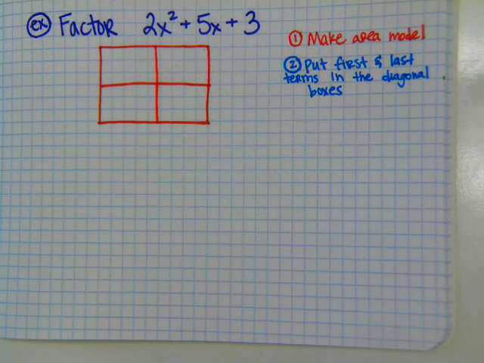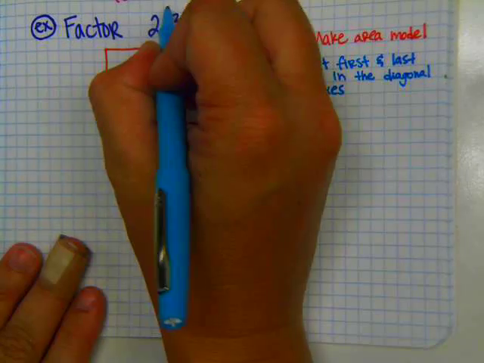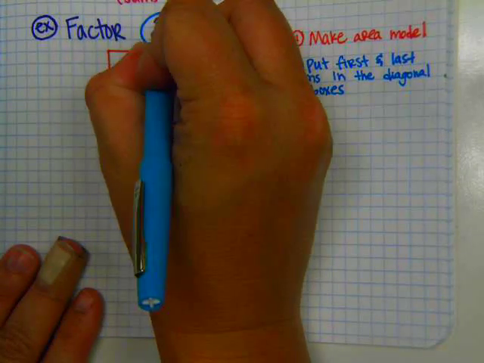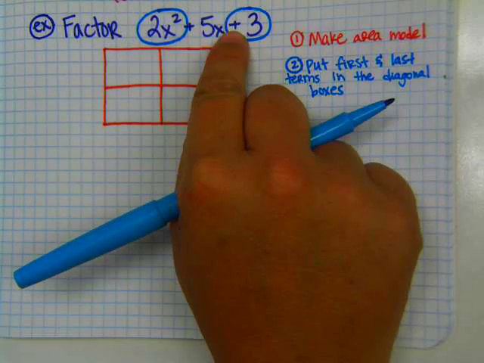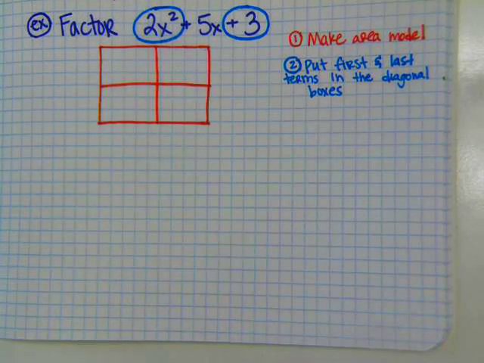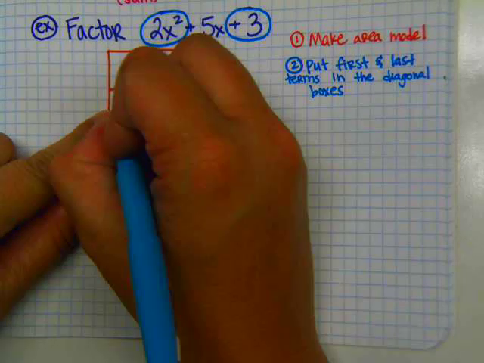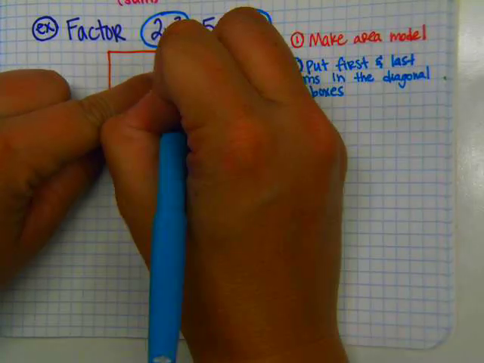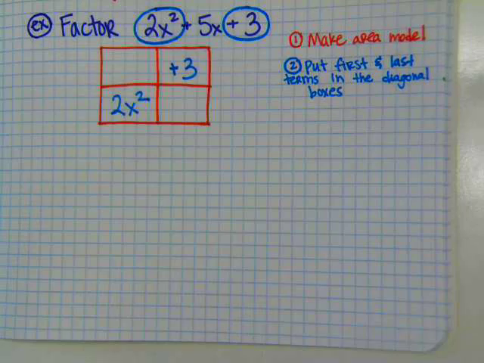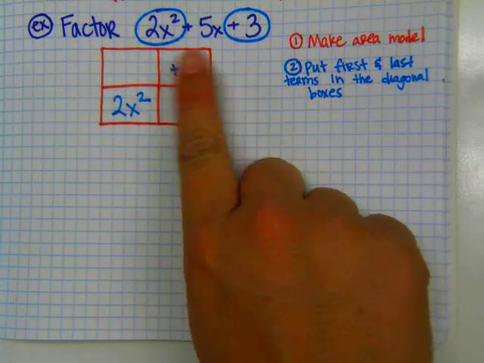You're going to put the first and last terms in diagonal boxes. Now let's see what that looks like. This is the first term. This is the last term. You'll notice I included the plus sign. That's to tell me what symbol goes there. In diagonal boxes. So I'm going to put 2x squared, and then in the diagonal box, plus 3. Okay? Put the first and last term in diagonal boxes.